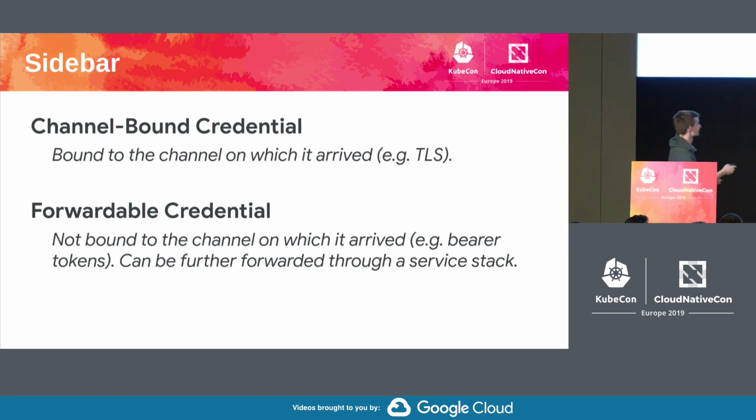An example of this is a bearer token. You can send a bearer token down a TCP connection, close that connection, open another one, and send the bearer token down it again. We call these forwardable credentials because the person that you send it to can turn around and forward it to another party if that other party accepts that same bearer token.